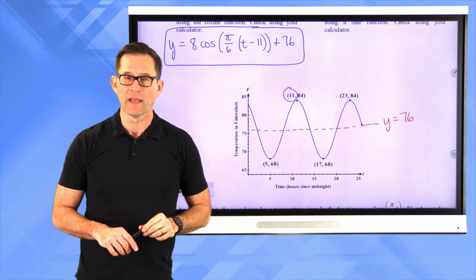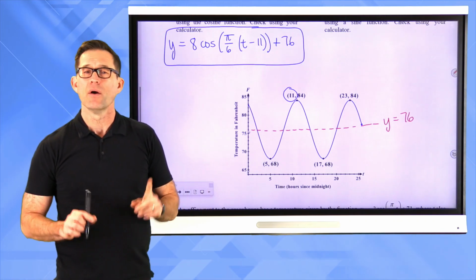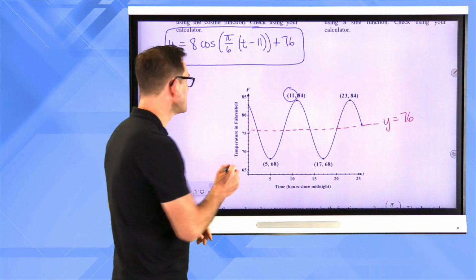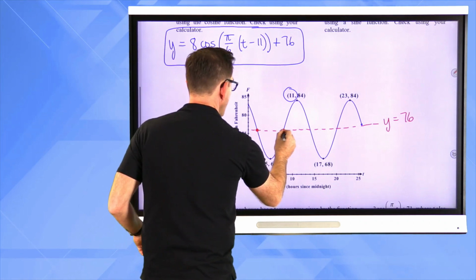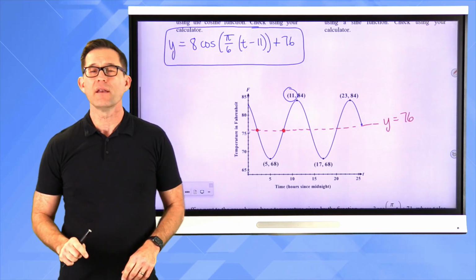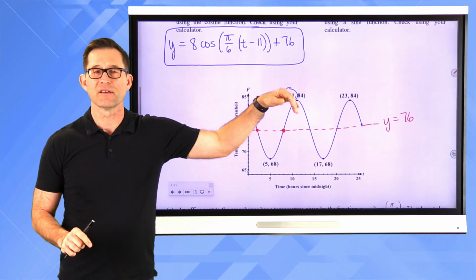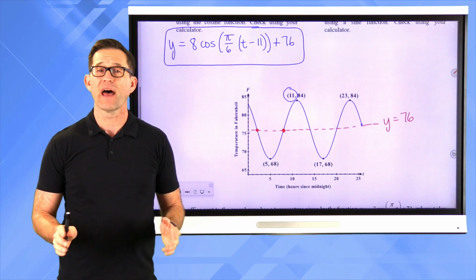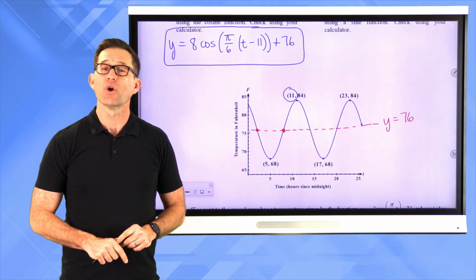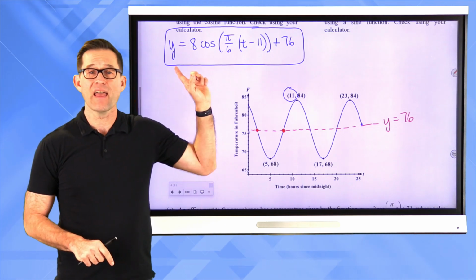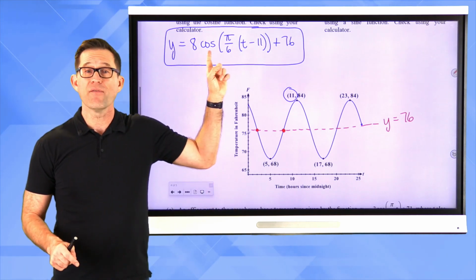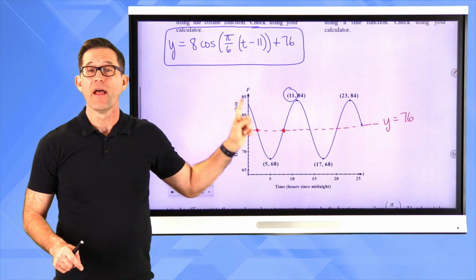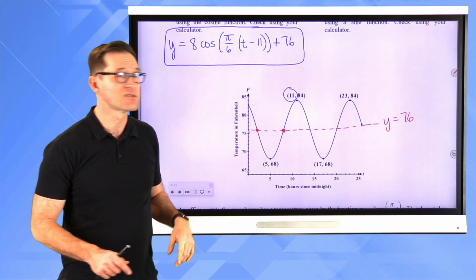So with sine, right, I want to find where the curve intersects the midline. That's right here and right here. Now, sine naturally rises out of the midline if it hasn't been shifted at all. So if I want the a value to be positive, that's a big if, then I need to find that x coordinate.